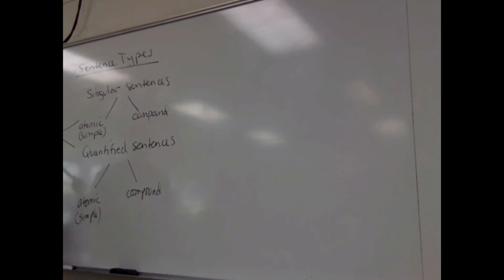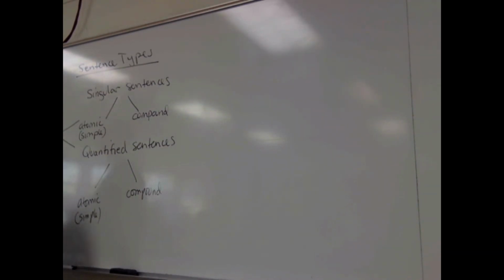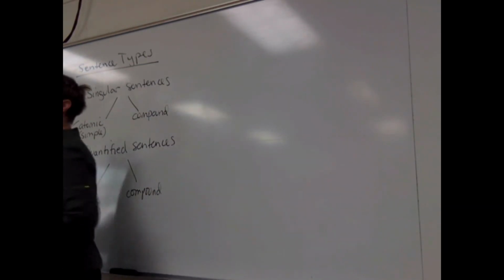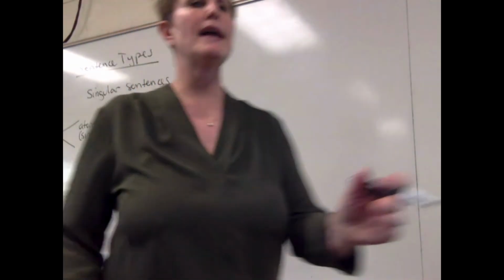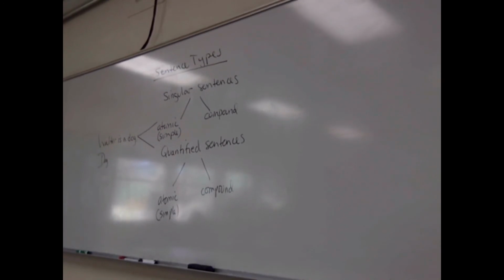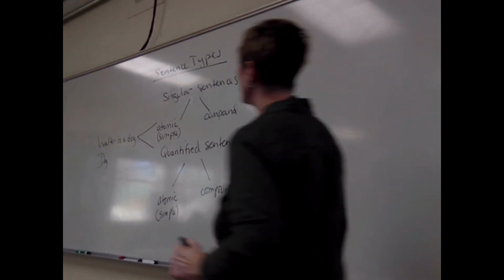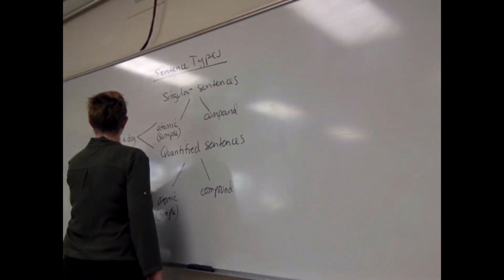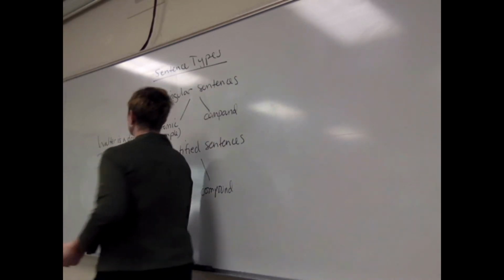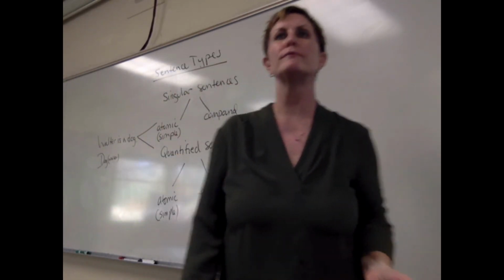So here's the way that we will notate in symbolic logic the sentence Walter is a dog. We take the predicate, dog, we capitalize the first letter, and then I'm going to assume that I'm getting all this on the video, and then in parentheses, in lowercase letters, we have the name Walter.